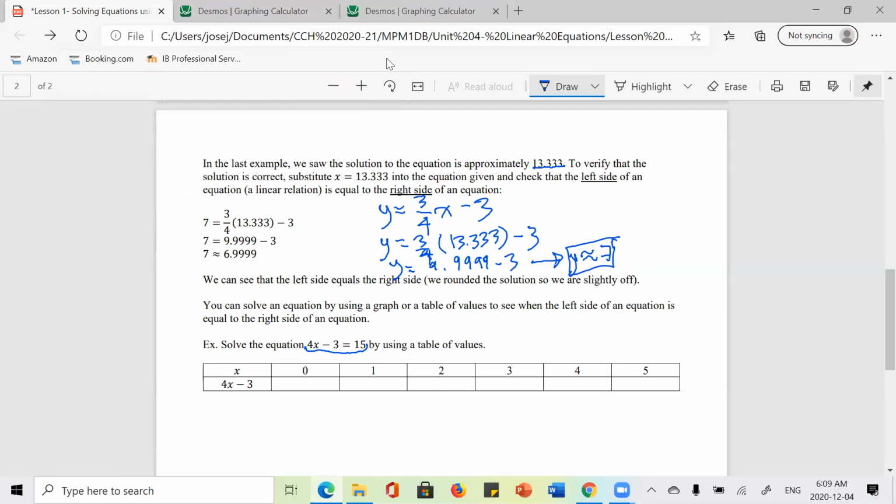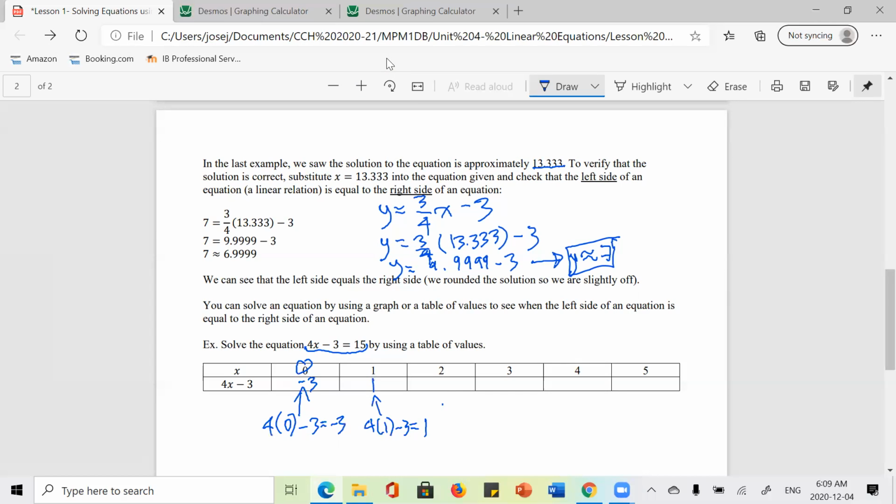So now we're simply going to sub in all the x values here. Let's just do the work down here. We have 4 times 0 minus 3. We know that that ends up giving us -3. And then here we have 4 times 1 minus 3. That gives us 4 times 1, which is 4, minus 3 is 1.